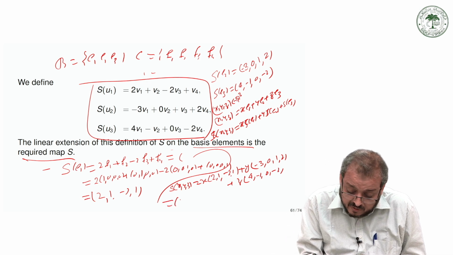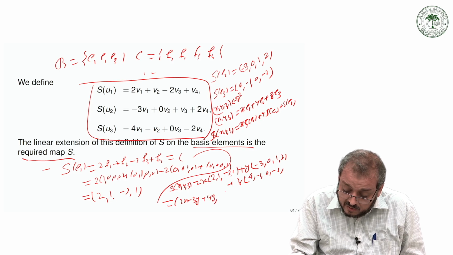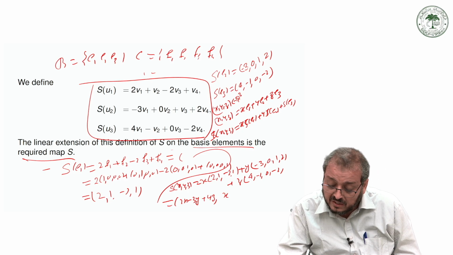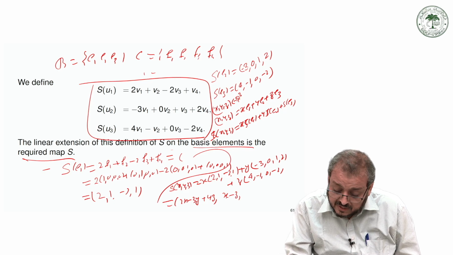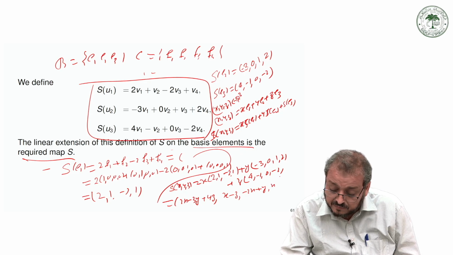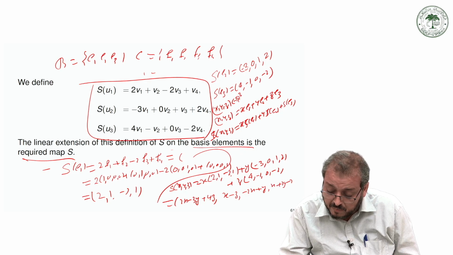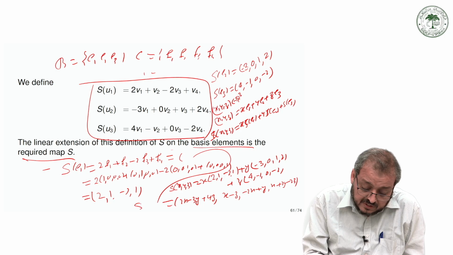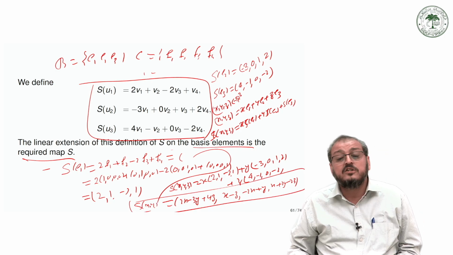This can be written as 2x minus 3y plus 4z, then x minus z, then minus 2x plus y, and the last one is x plus 2y minus 2z. So this is the general transformation of (x, y, z) in this form.